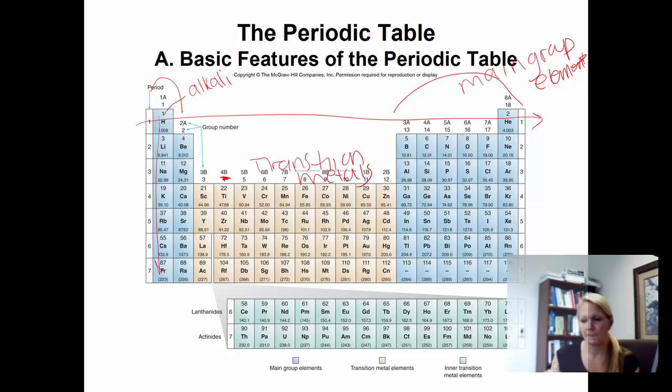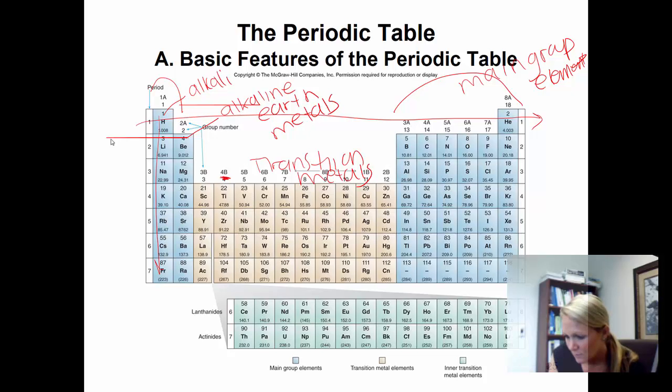metals, and group 2A, the alkaline earth metals. Apologize for that. Okay, and then if we skip over here to group 7A, these have a common name.